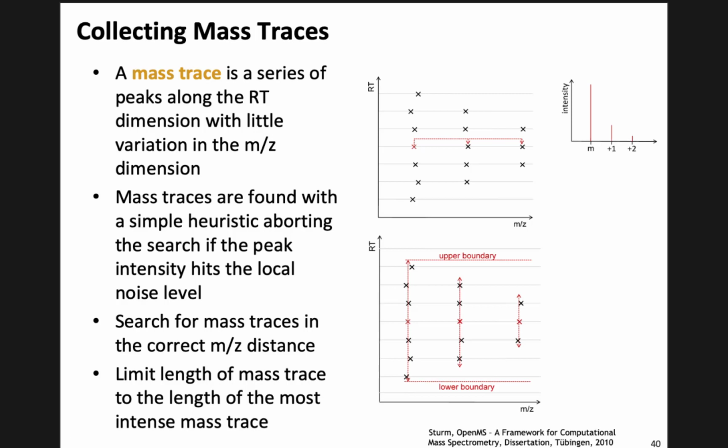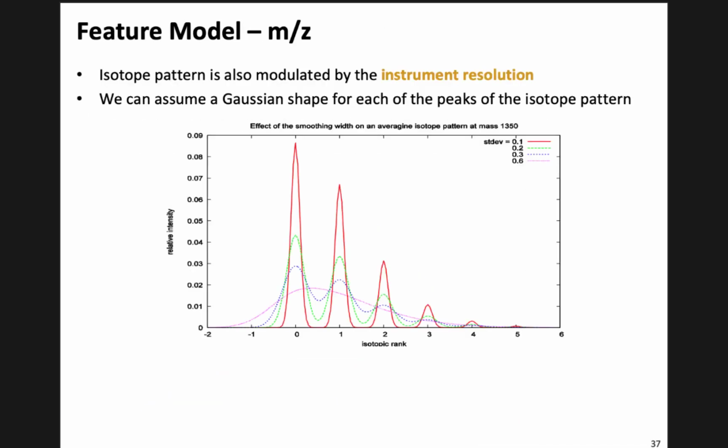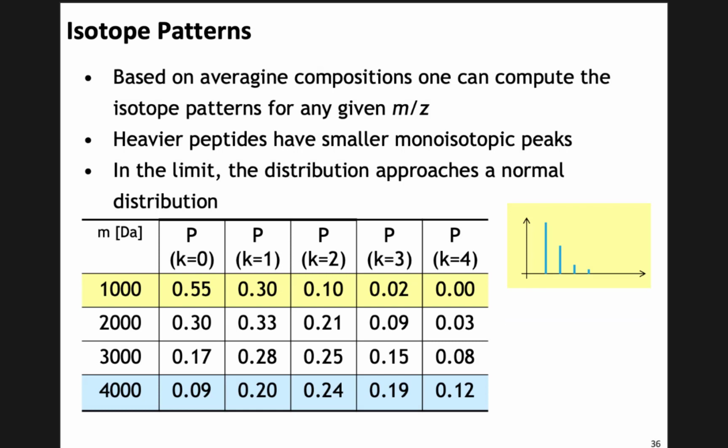Now, question. If this here is a peptide, monoisotopic +1 +2, shouldn't these mass traces have the same length? Yeah, because if that is our mass spectrum here, then we should see all 4 peaks eluting at the same time.